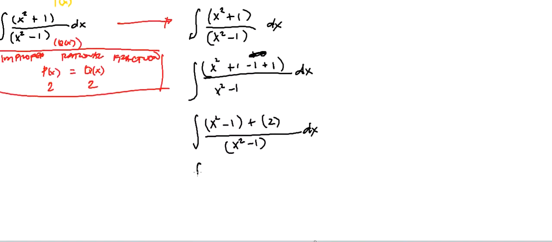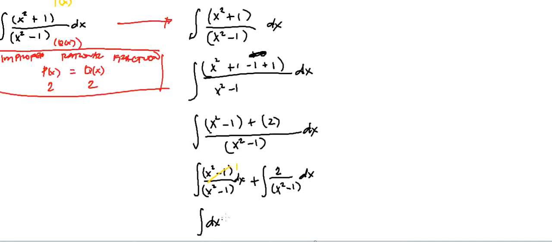Then by simplifying it further, we have x squared minus 1 all over x squared minus 1, plus 2 all over x squared minus 1 dx. After this, you can now easily see that this is equal to 1. So we have the integral of dx plus the integral of 2 all over x squared minus 1 dx.